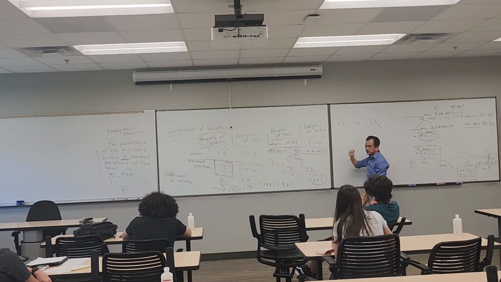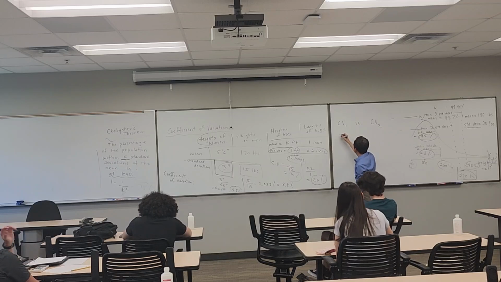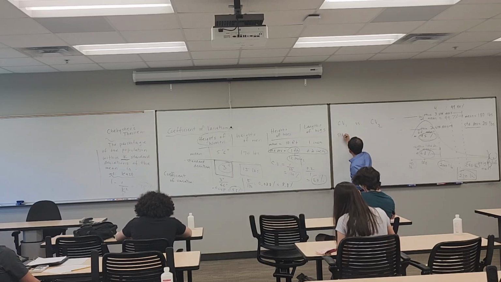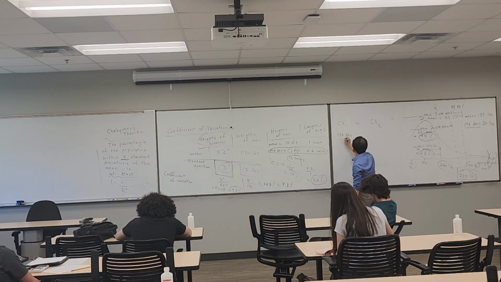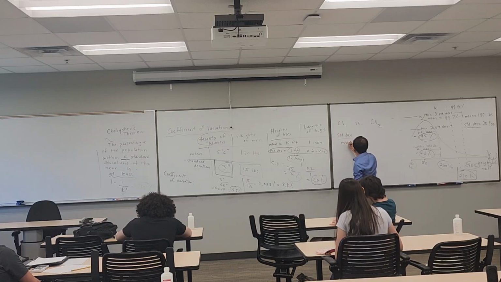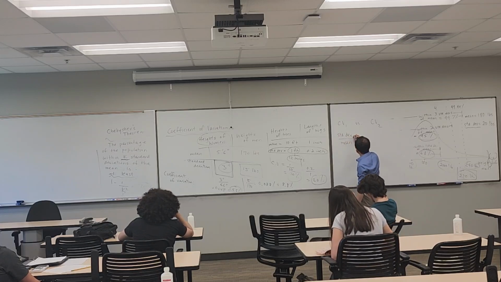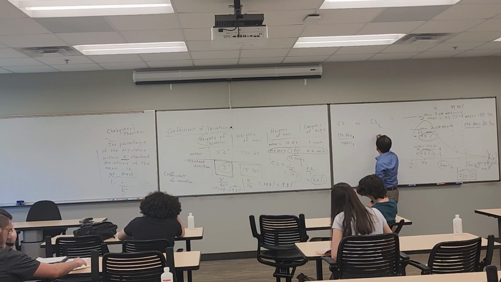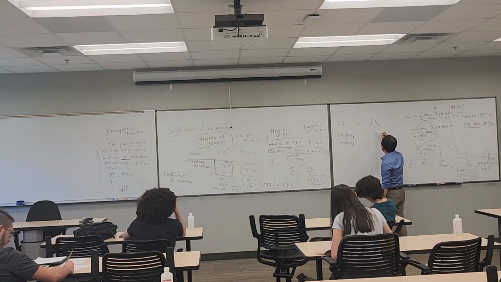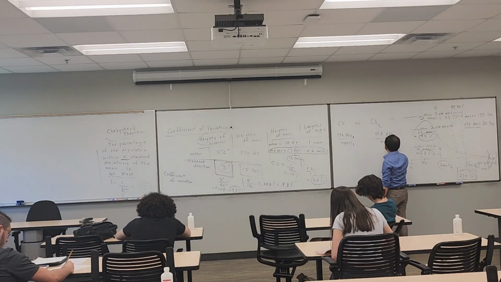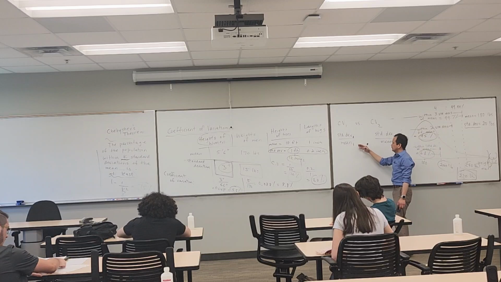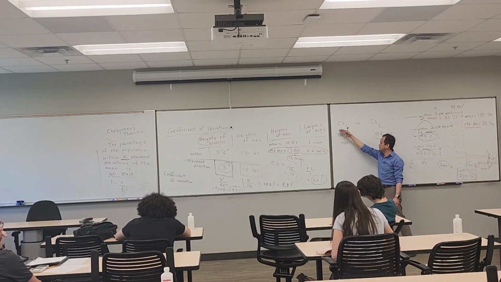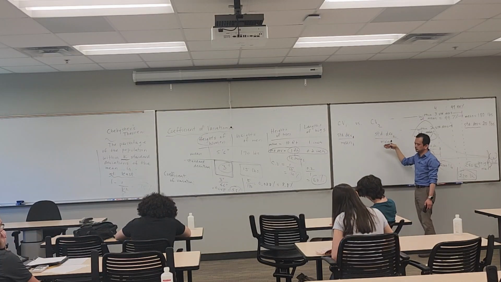And the coefficient of variation is nothing more than the standard deviation divided by the mean. So standard deviation 1 divided by mean 1 compared to standard deviation 2 divided by mean 2. So this is what you're supposed to do: compare this quantity in group 1 to this quantity in group 2.